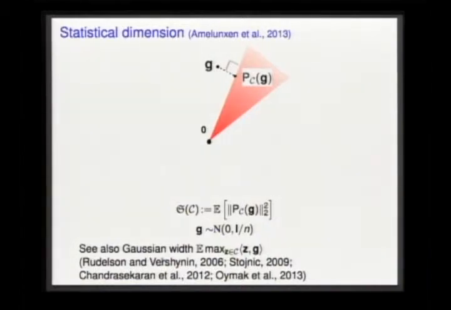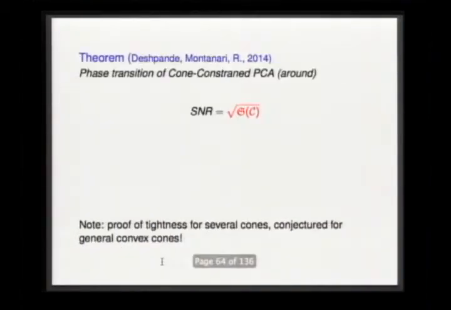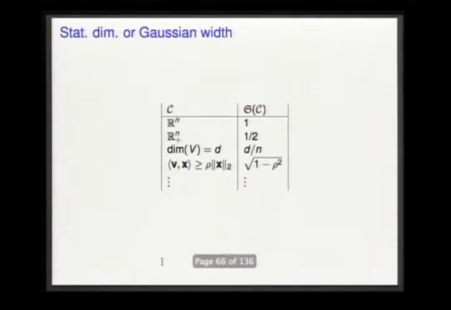The first use in compressed sensing was by Stojnic at Caltech, and then the following results were also by Caltech people. So it's mainly a Caltech toy. But it has been used a lot in compressed sensing, and we were very surprised to find this quantity being useful in a totally different context. So we found out that the phase transition for this PCA problem is also at the same place.